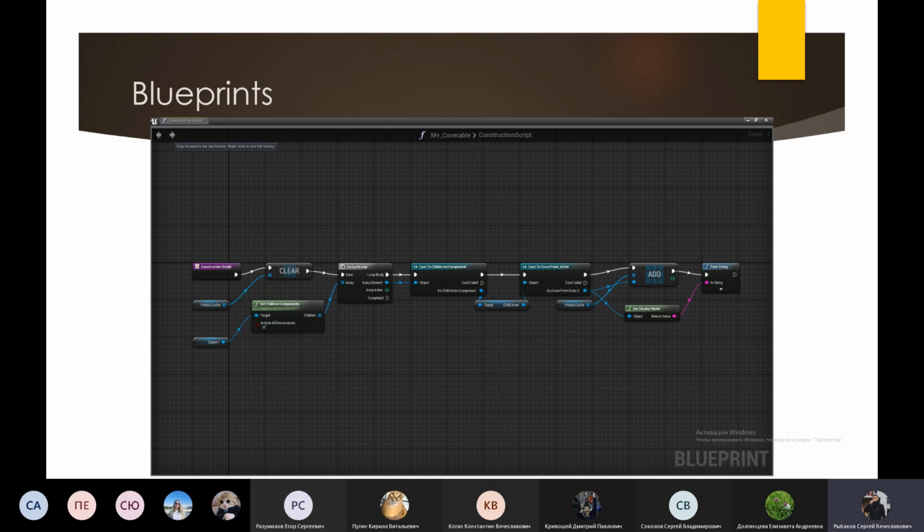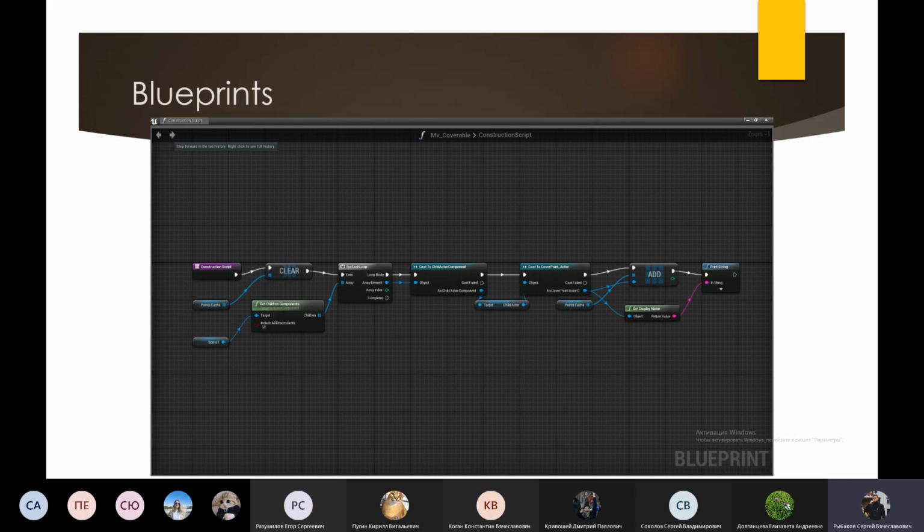I want to stop on this screenshot and describe. Here you can see the construction script and the arrow from the output of this node to the clear node. Here we clear the point cache array, and right after that we get components of first scene, and after that use cycle for.